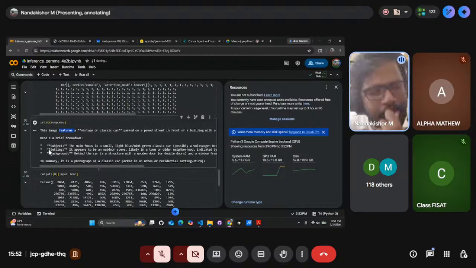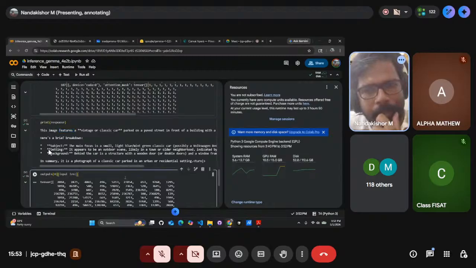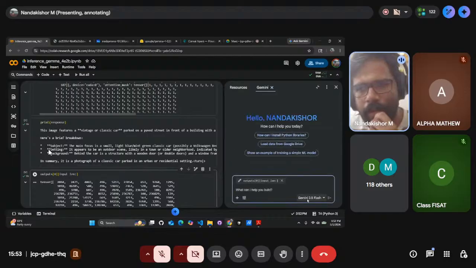So theoretically, we can actually, let's say, transform the code. The code only.